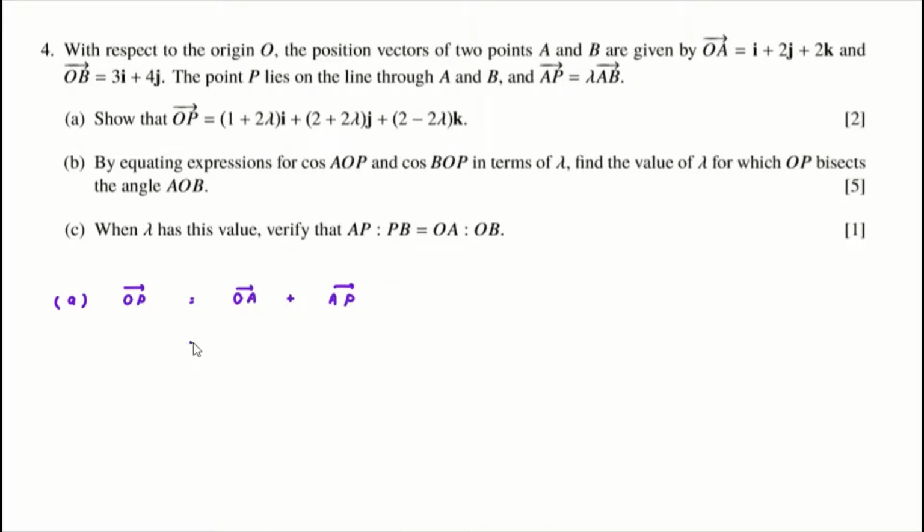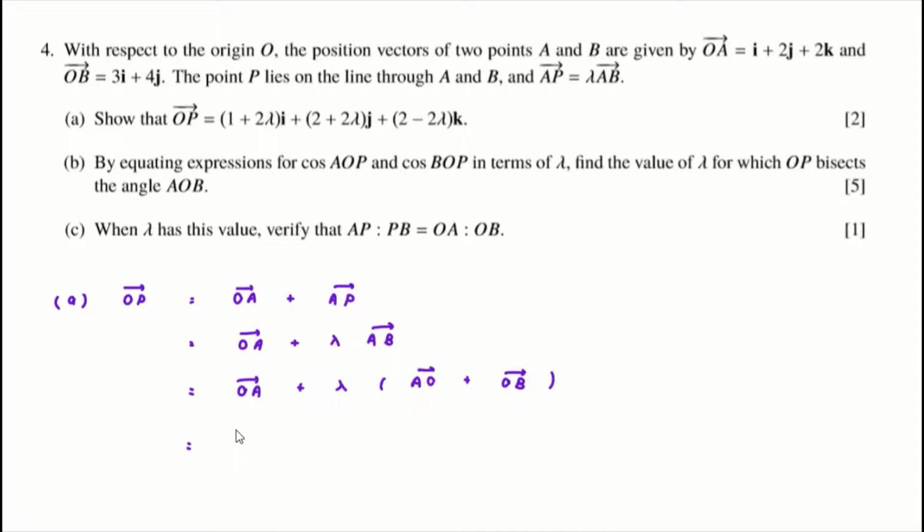AP is given as lambda AB. Then we need to find AB from the information given here. In this case, we will use AO plus OB. Let's write it in matrix form, which I guess will be easier to look at.